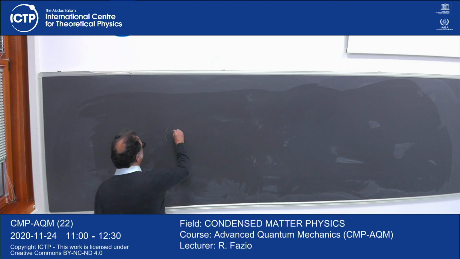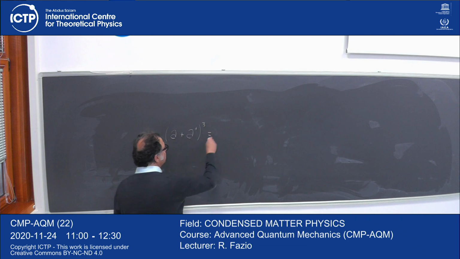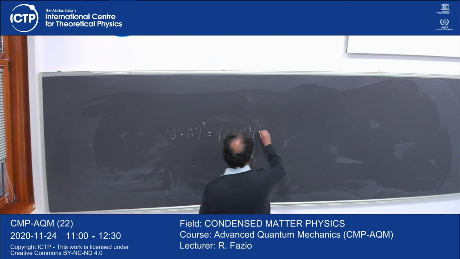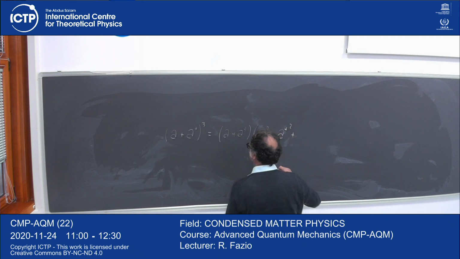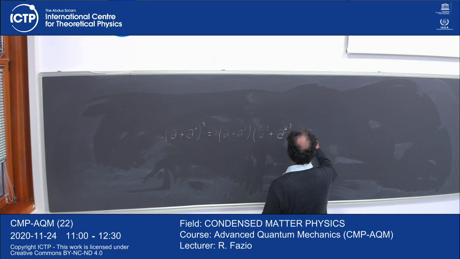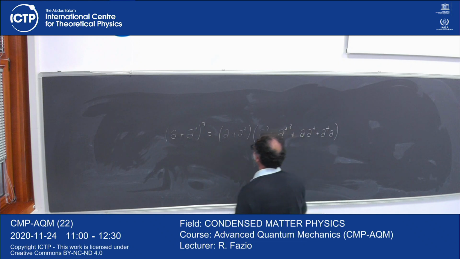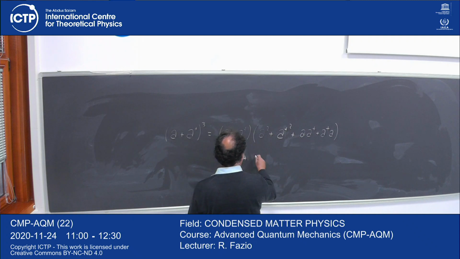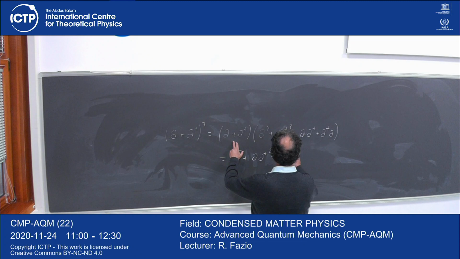So the question is, I have (A plus A dagger) cube, and this is equal to (A plus A dagger) times (A square plus A dagger square plus A dagger A plus A A dagger), right? And when you multiply, it's A cube plus A dagger square A and so on.